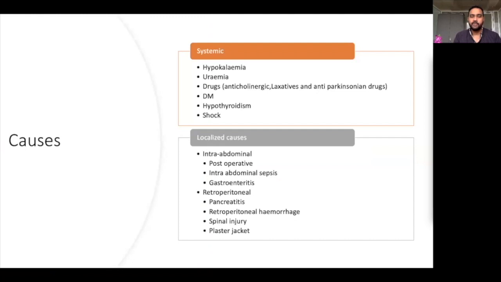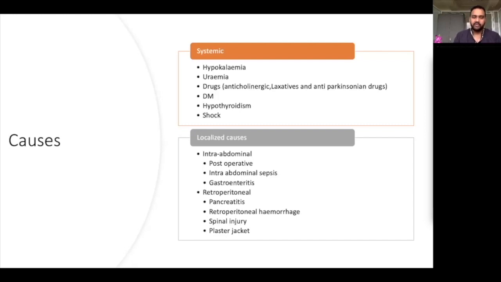We need to understand and know these causes, because whenever a patient comes to us with paralysis of the bowel, we should know there is some underlying cause. We can divide them into systemic causes as well as localized causes.